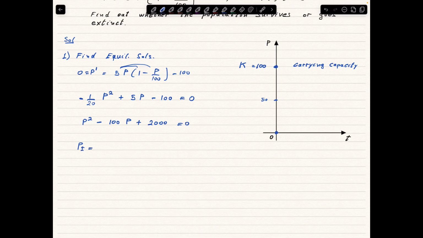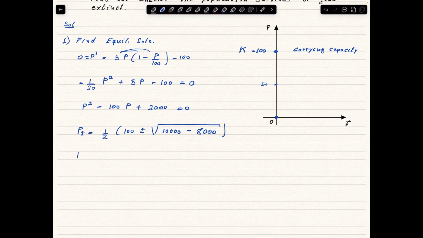p equals 1/2 times 100 plus or minus the square root of 100 squared, so 10,000, minus 4 times c, which is 8,000. Okay, so we have a couple of big numbers there, but nothing to worry about. So this is plus or minus the square root of 2000 when we do the difference.